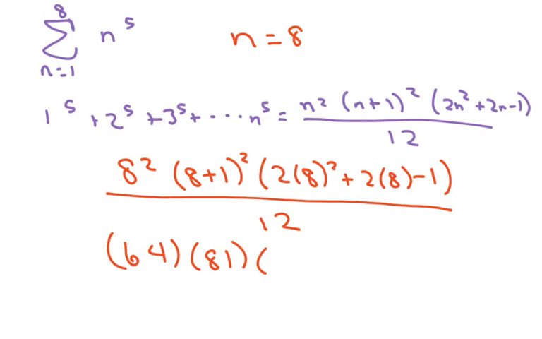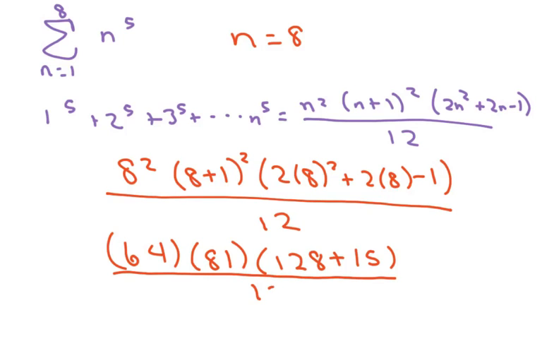And this inside of here is going to be 64 times 2, which is 128, plus 16 minus 1 is 15. And this is all over 12. And when you calculate all this out, you're going to get 61,776.